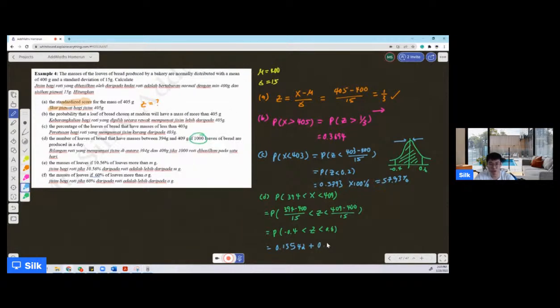Plus together 0.2258. And I'm getting 0.3412. So if you're already very used to finding the answer from the table, you can continue to find from the table. But if you are not, I hope you all can use the calculator method to find this answer.